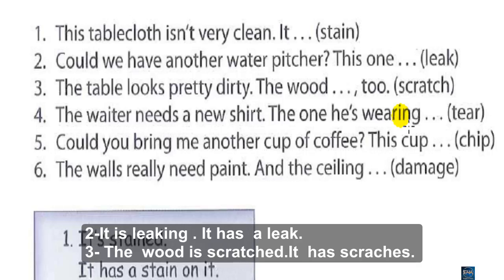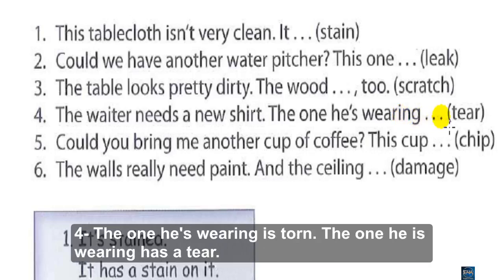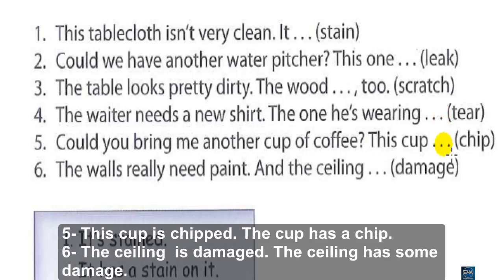Number four, the one he is wearing is torn. It has a tear in it. Number five, this cup is chipped. This cup has a chip. Number six, the ceiling is damaged. The ceiling has some damages.